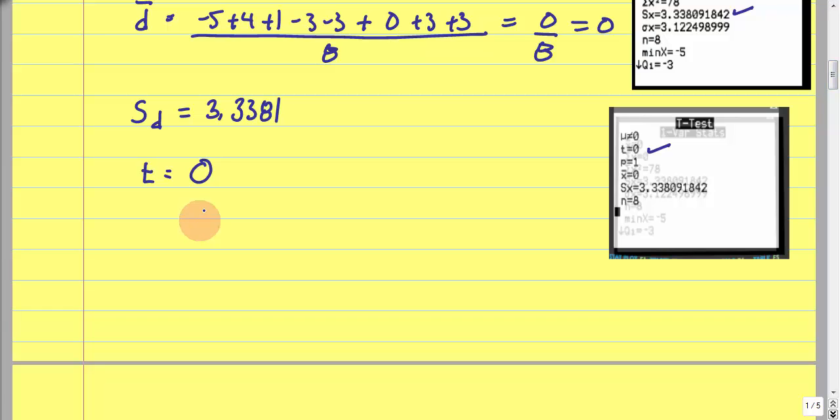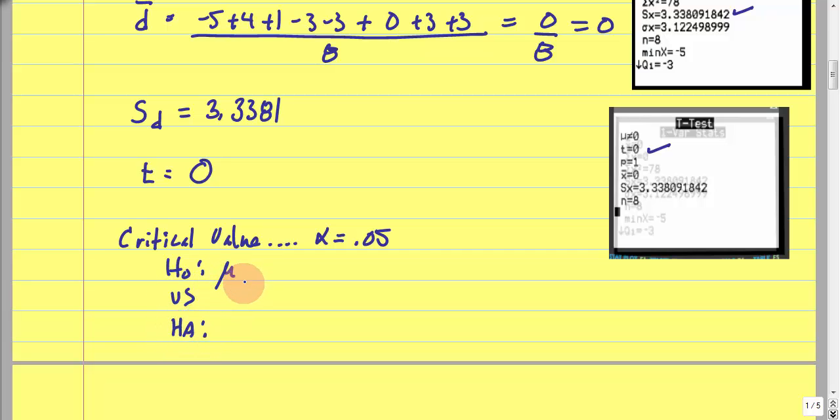Okay, next thing, let's go ahead and look at the critical value, if we were testing our hypothesis. Now for the critical value, let's go ahead and look at alpha equal 0.05. And we'd also need to know something about H0 and HA as well.